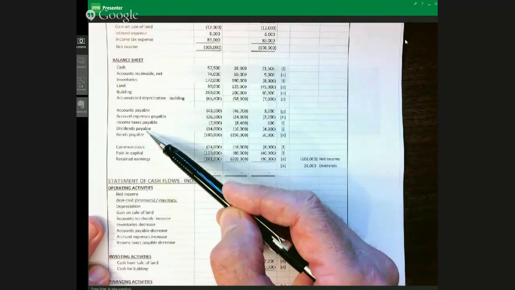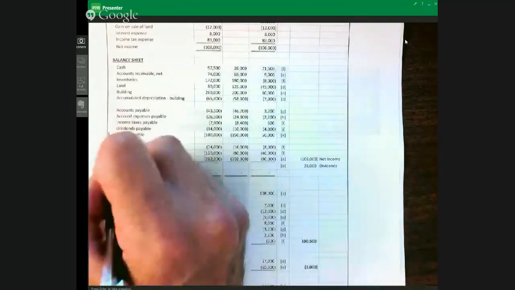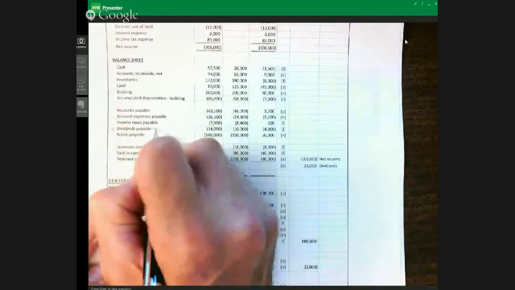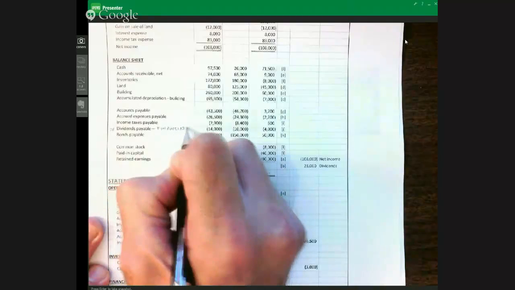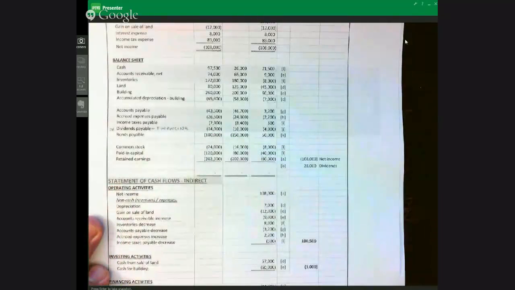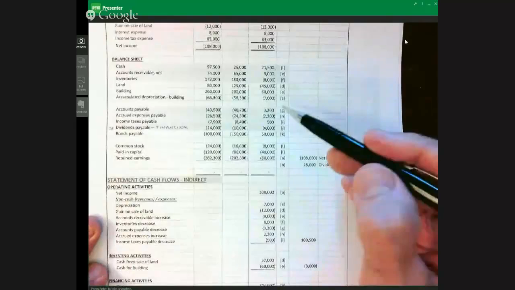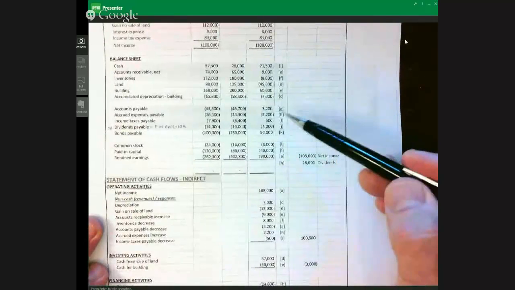Dividends payable, because they relate to investors who contribute money to the corporation, would be considered a financing activity. Dividends payable would always be a financing activity. Okay, so let's take care of these items.